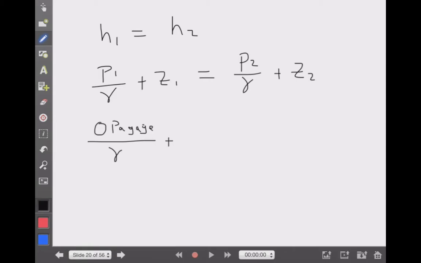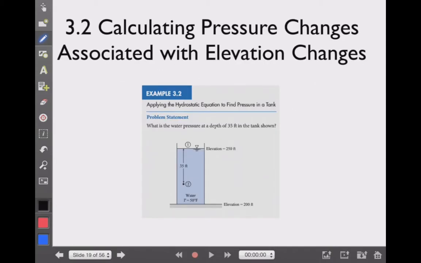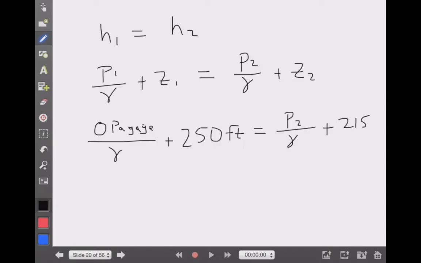If we look back, the elevation of this fluid is 250 feet, and we want to find the pressure at 2, and the depth at which we want to find that pressure is 215. Is that what it was? Yes, 215 feet.